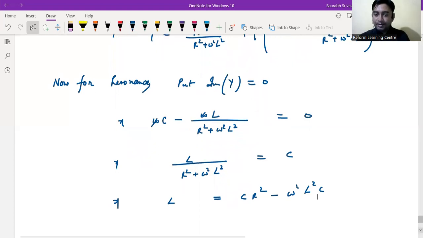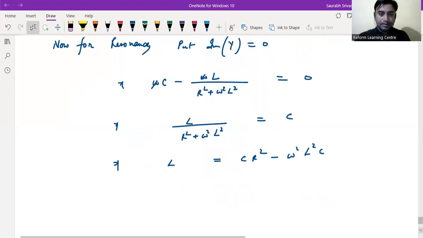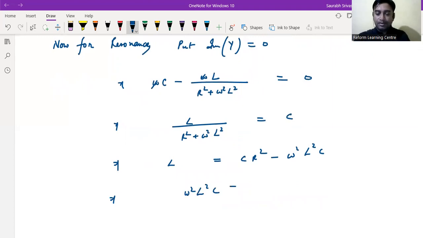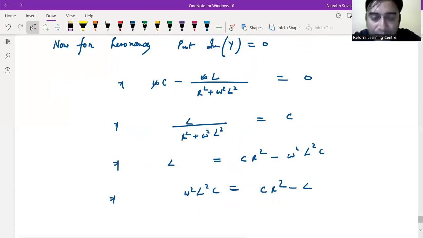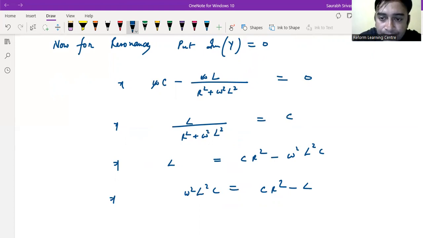Right. Omega square L square C is equal to C R square minus L. सर प्लस होगा, प्लस कुछ गलत हो रहा है क्या? C R square plus omega square L square C. This is plus ना.